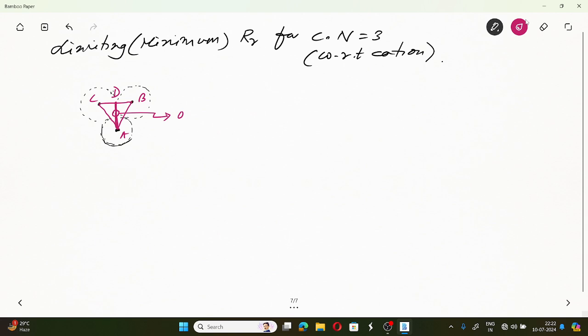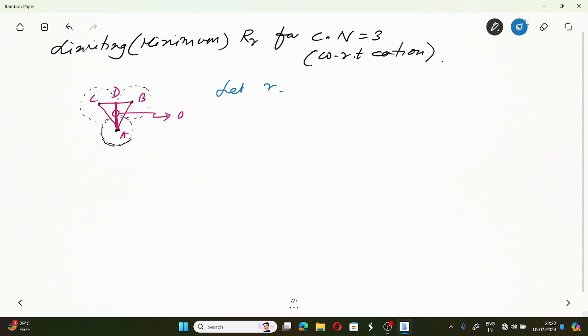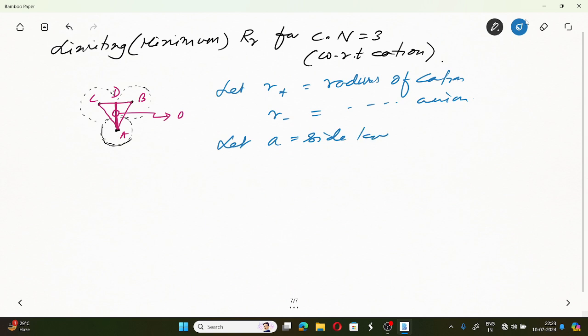Let R plus equal the radius of the cation, and R minus equal the radius of the anion. Now let a equal the side length of the equilateral triangle.